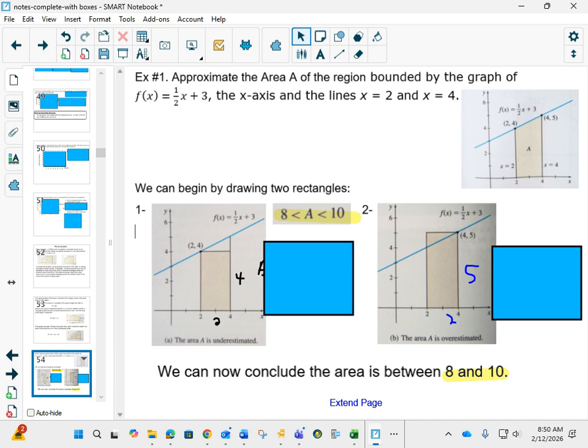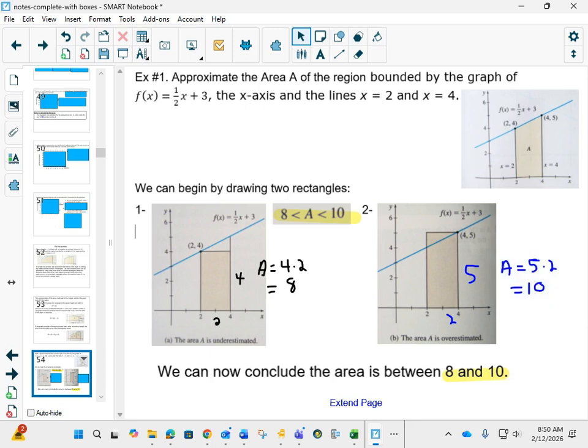But what we're going to do here is an underestimate and an overestimate. If we took the first point, (2, 4), and made the rectangle with that height, you would get an area of 8. And obviously that area of 8 would be an underestimate, not big enough. And if you use the endpoint at 5, you would get an area of 10.